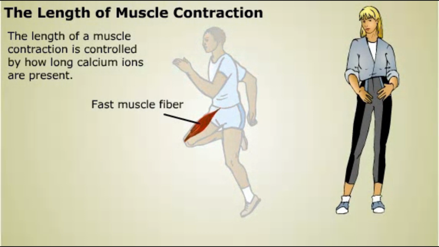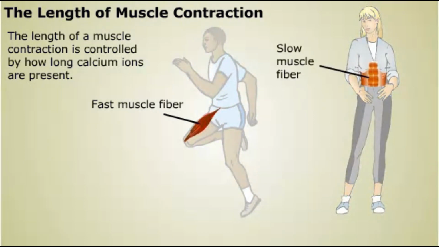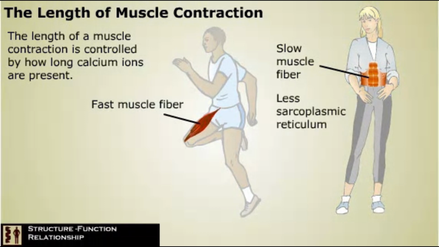They are used for short, powerful contractions like sprinting. Slow muscle fibers contract for a longer period of time and are used, for example, to maintain good posture. Slow muscle fibers have less sarcoplasmic reticulum, so the calcium released to cause the contraction is not reabsorbed as quickly and the contraction lasts longer.